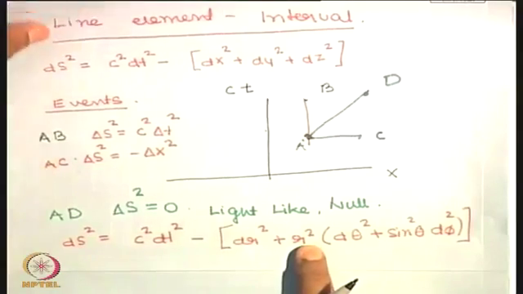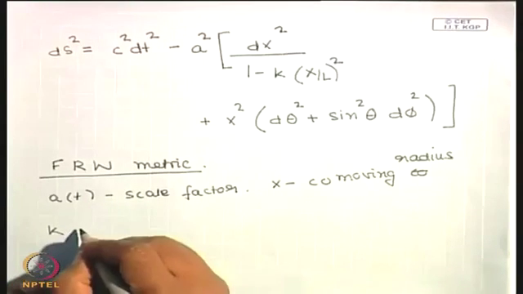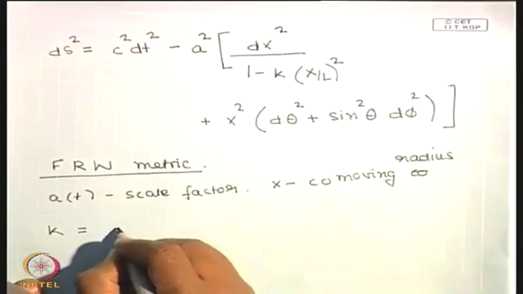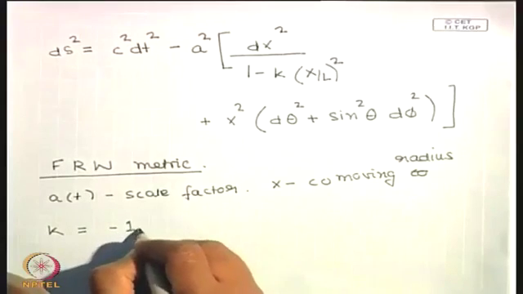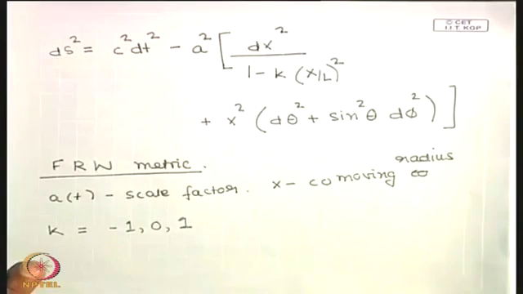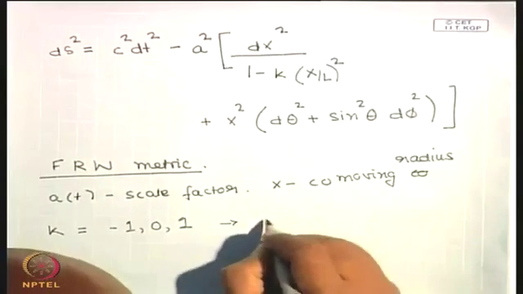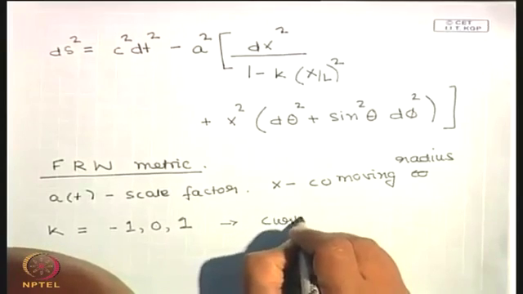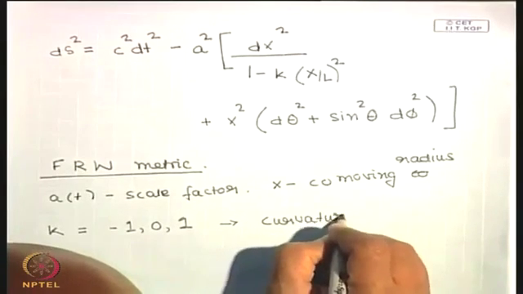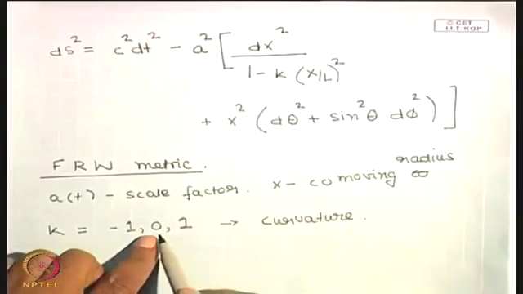There is one more difference, where the difference being I have this k. k is a constant which can have values -1, 0 and 1. This tells me if there is curvature, and 0 is no curvature.